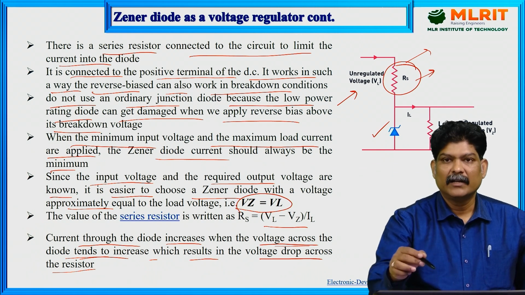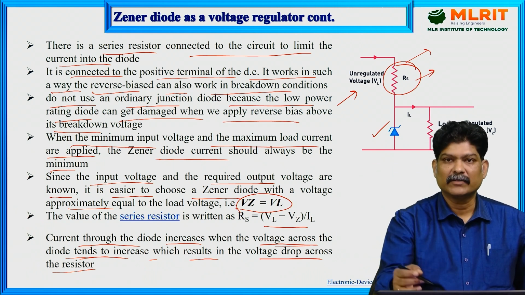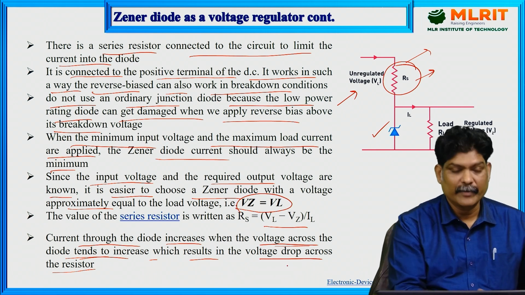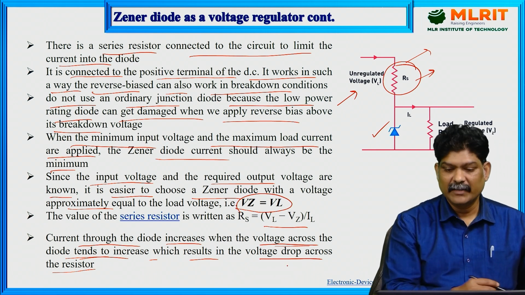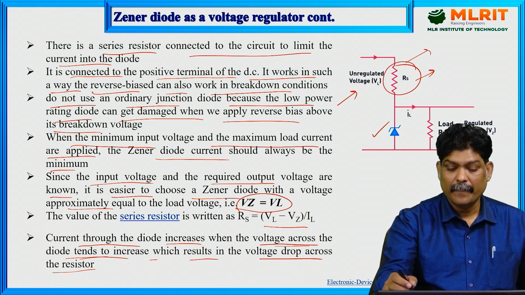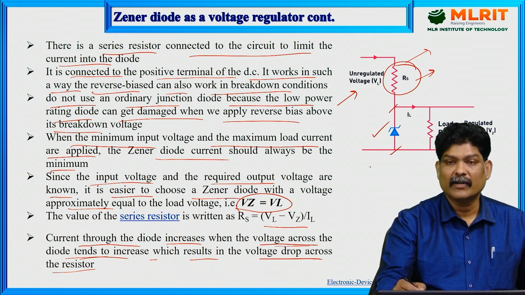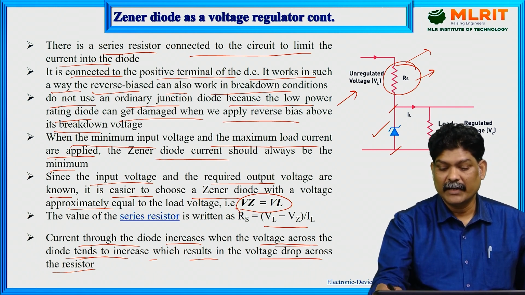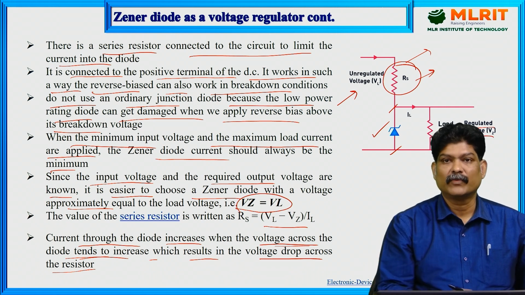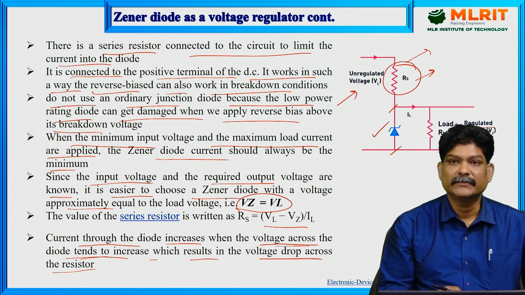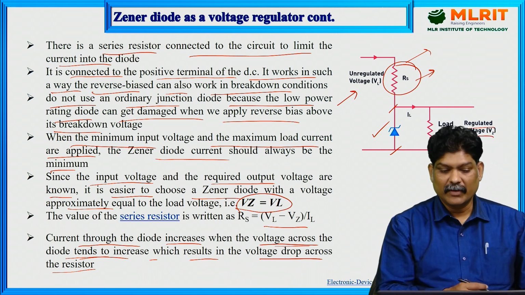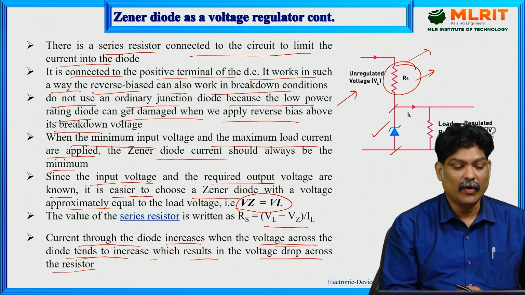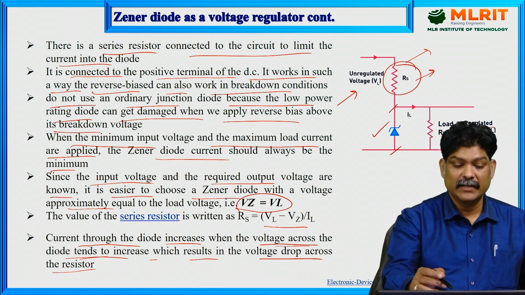When the current increases, the drop across the source resistor also increases, so it can maintain a constant DC output voltage. That means the output voltage is regulated using this Zener diode. So this is the basic view of the Zener diode as a voltage regulator.